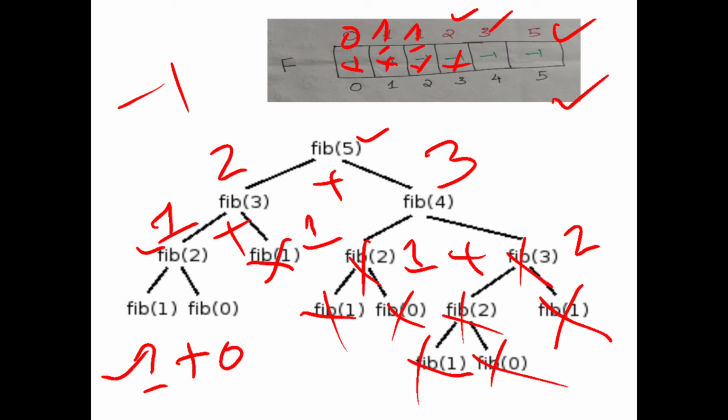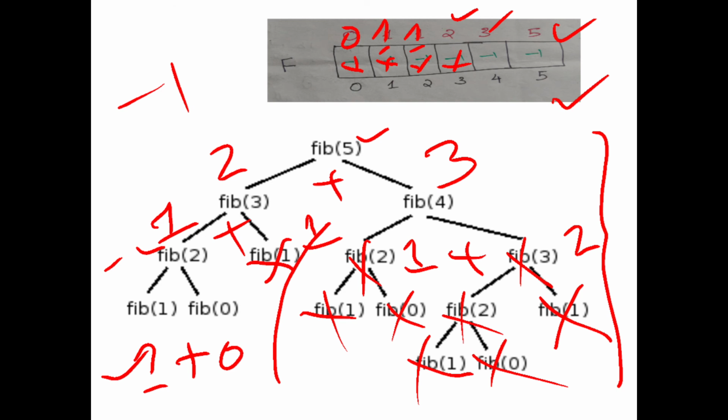Okay, so this memoization method is a top down technique, because first we trace the tree, then avoid the function calls, then return back: 0 plus 1 is 1, then 1 plus 1 is 2, 2 plus 3 is 5, then return back to the answer. So this is a top down approach.